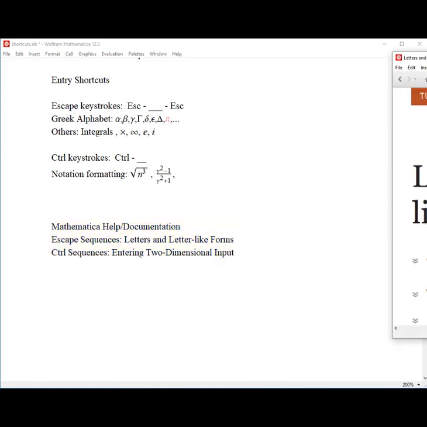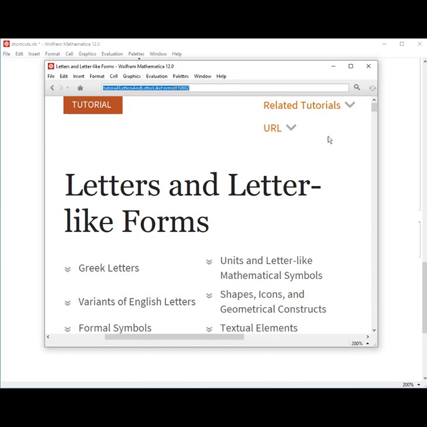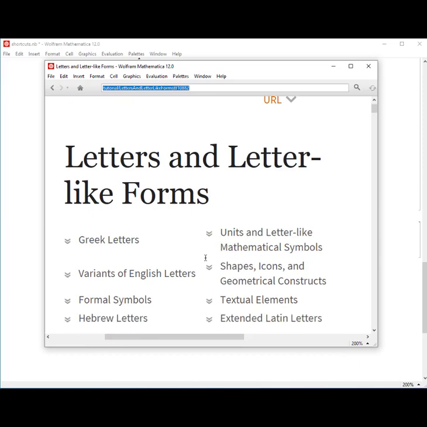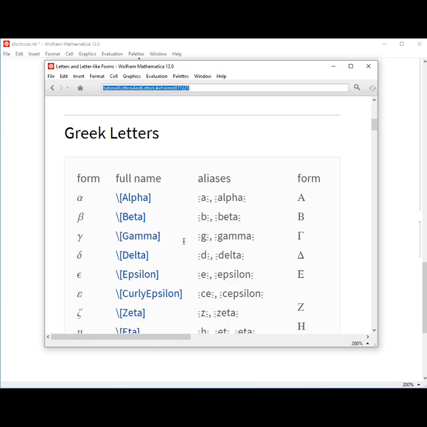In the Mathematica help documentation, there are some pages that look like this, letters and letter-like forms, and you see that there are a number of things that you can find in there. If we look at Greek letters, you'll see that it shows me what the Greek letter is, alpha, and then here's the escape sequence I used for alpha: escape A escape, beta, escape B escape, and so on and so forth.